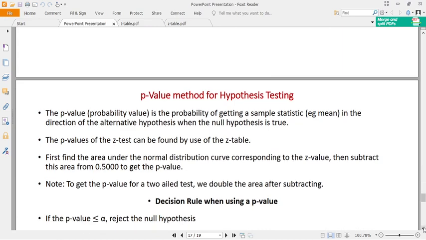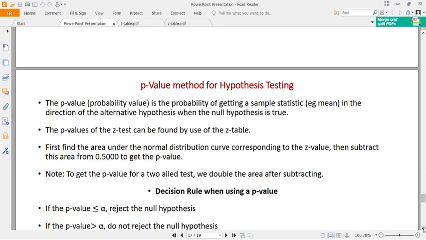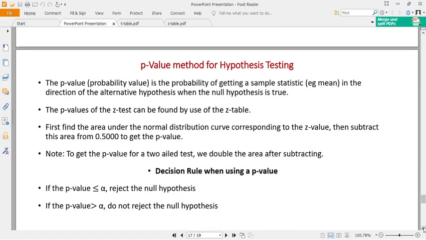Then we have the p-value method, and you're free to use any method. So the p-value, or probability value, is the probability of getting a sample statistic in the direction of the alternative hypothesis when the null is true. So the p-values of the z-test can be found still using the z-table.